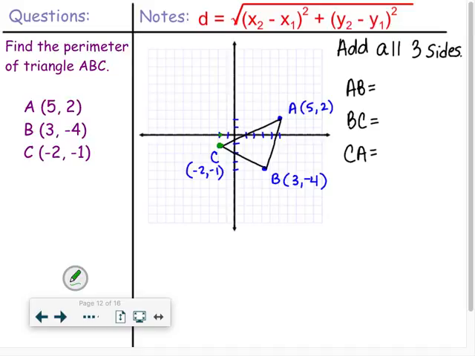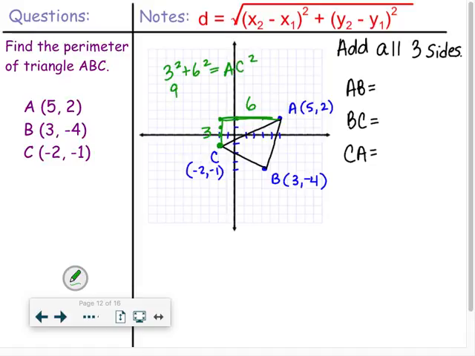So starting at C and working to A, I'm going to go up 1, 2, 3. So this side right here is 3. And then I'm going to go over 1, 2, 3, 4, 5, 6. So this side is 6. So 3 squared plus 6 squared equals, and this is for side AC, AC squared.